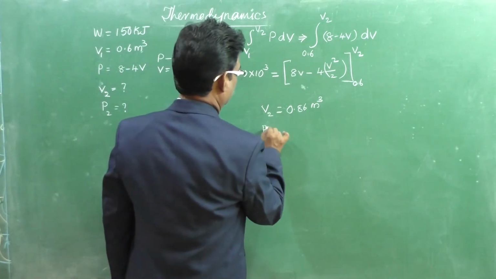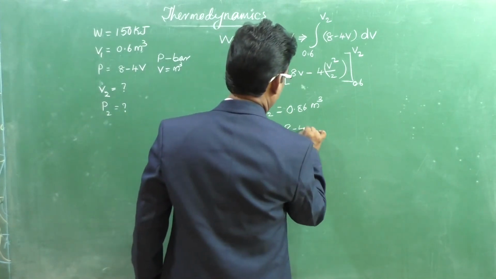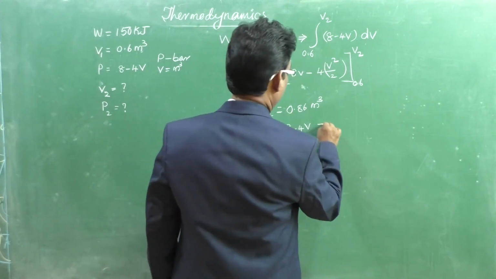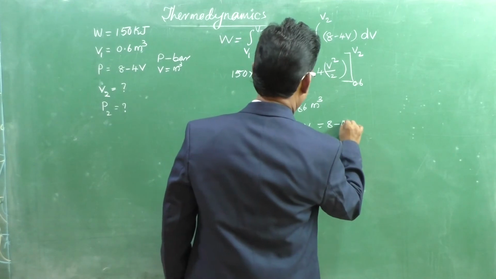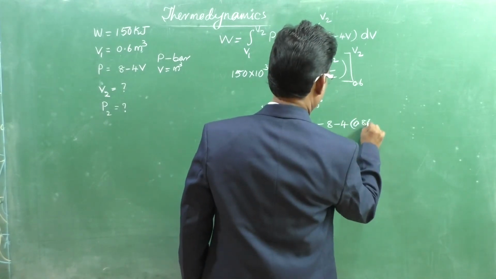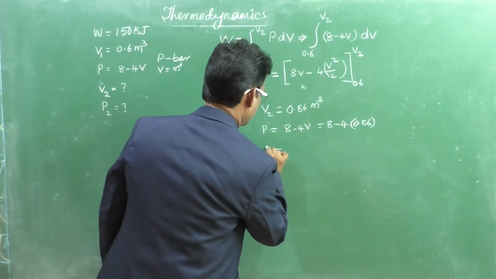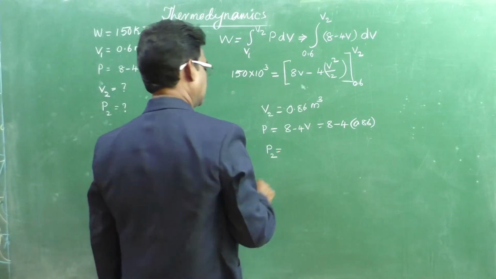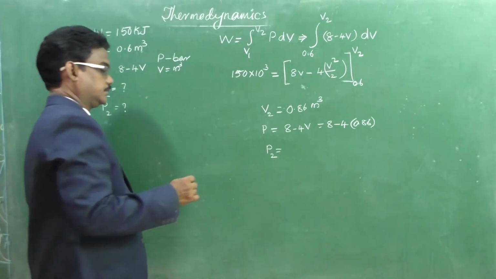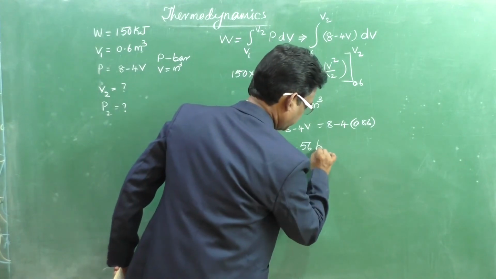P equal to 8 minus 4v, 8 minus 4 into v2, 0.86. That will give us P2 equal to 4.56 bar.